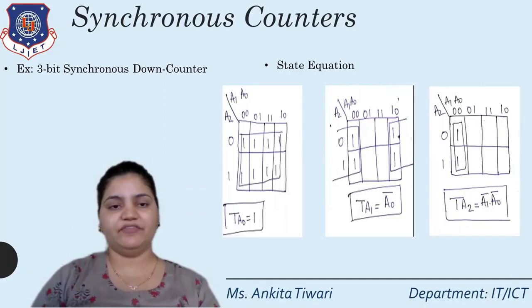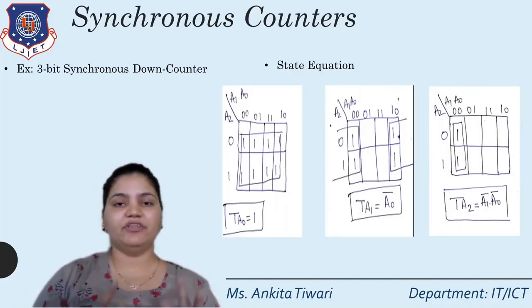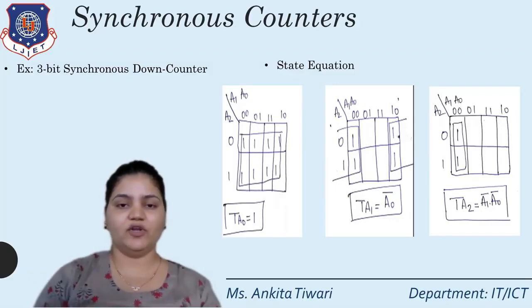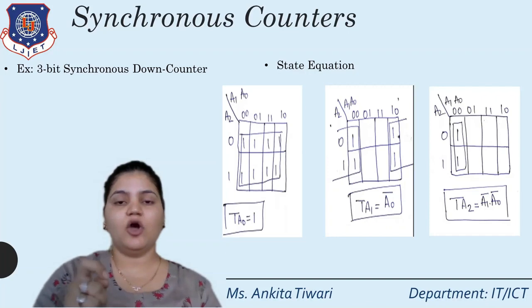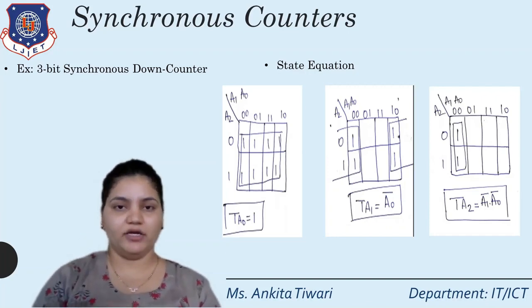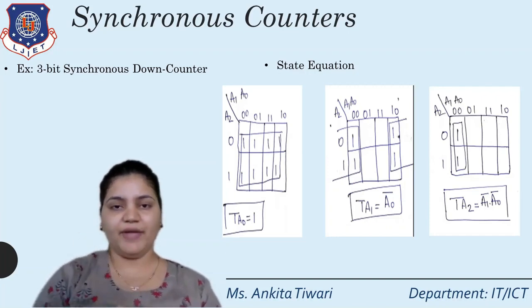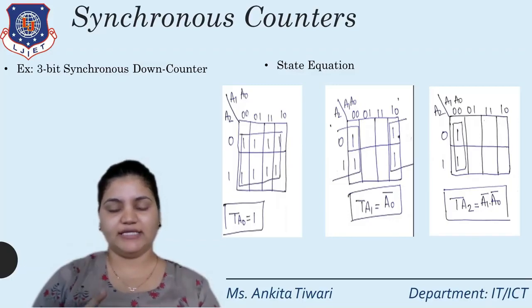The third step that we are going to do is the state equation. Here I have taken a K-map, and with respect to the K-map we have to solve the equation, that is TA0. Here we got 1 because all the values in the K-map are 1. So we'll make a group of 8 and you will get 1 as the answer.